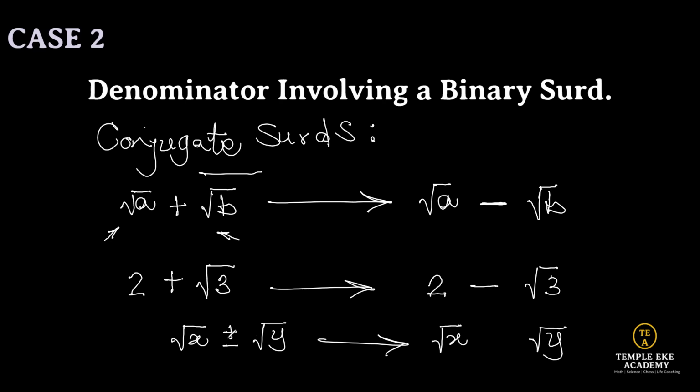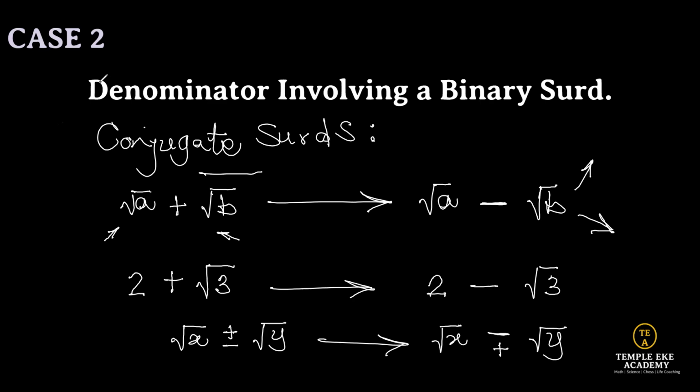So where we have plus, we must have minus. And where we have minus, it must become plus. So plus or minus becomes minus or plus. Now, this conjugate will be used to multiply both the numerator and the denominator to get the surd out of the denominator and giving us an expression that is rational.